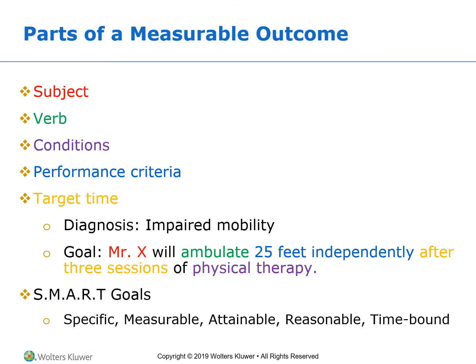And then we always have to remember that we nurse people, not problems. So every outcome you write has to support the overall treatment plan and make sense in terms of the overall goals for the patient.